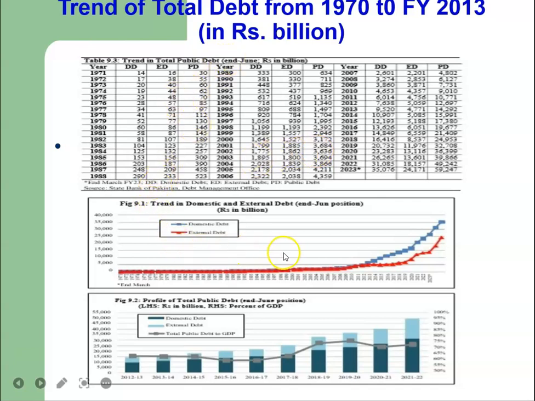And in this figure we can see the trend of the domestic debt, and there is external debt, and we can see that these have been increasing from the year 2009 and 10, and now the domestic debt is more than 35,000 billion.